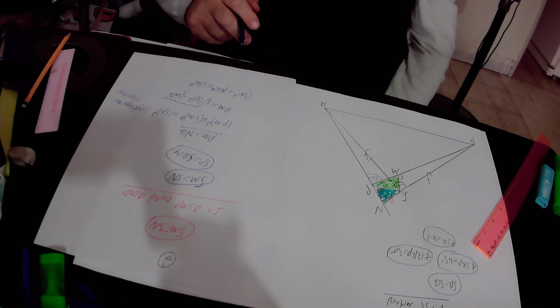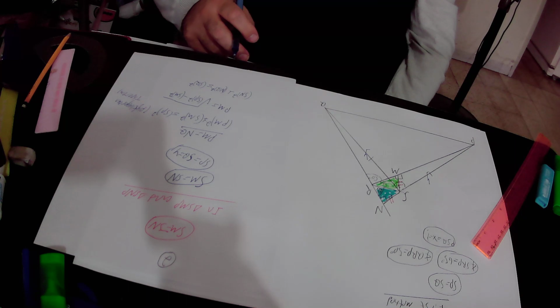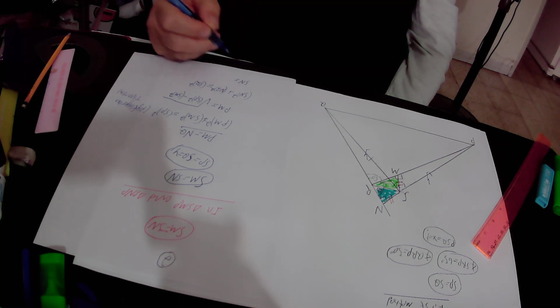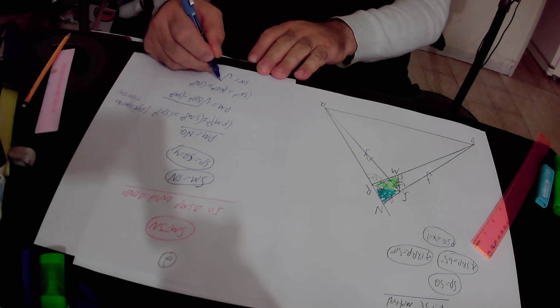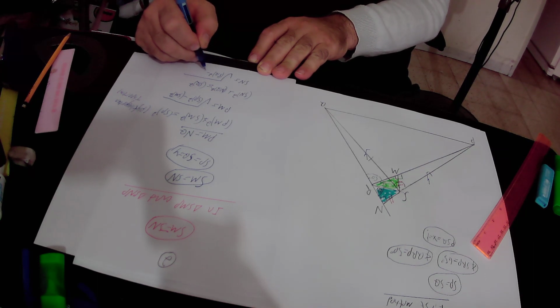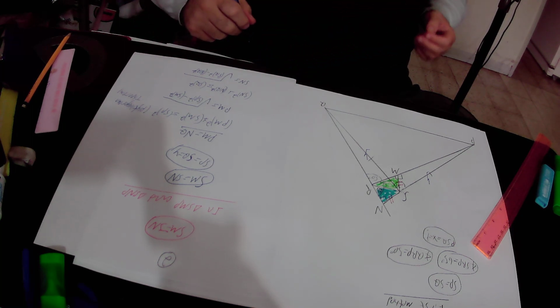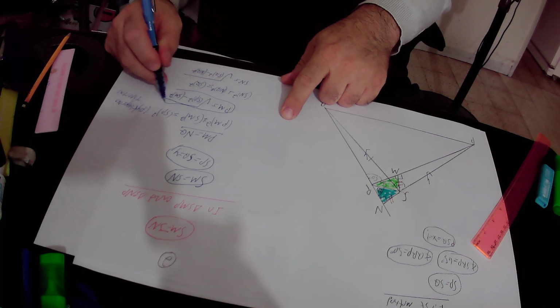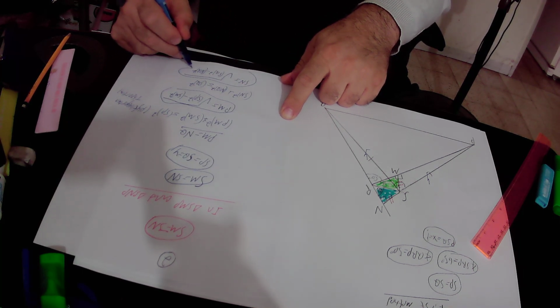So here we will subtract NQ square from this equality, and then take a root, and we will get that SN equals the root of SQ square minus NQ square. Okay? So we have the values of PM and SN.